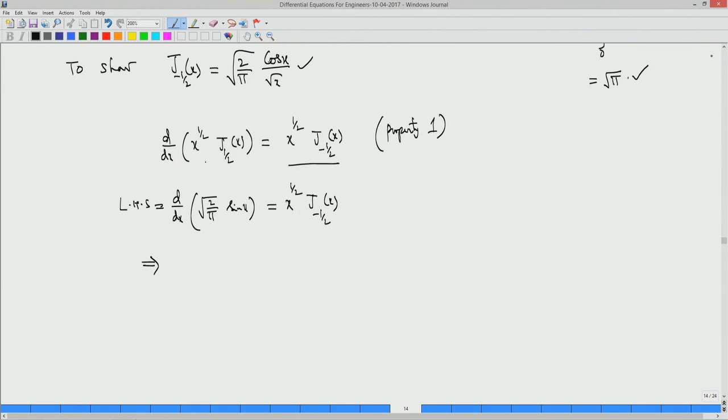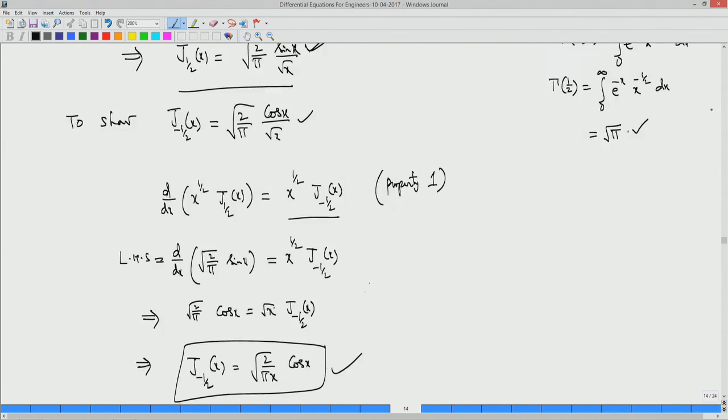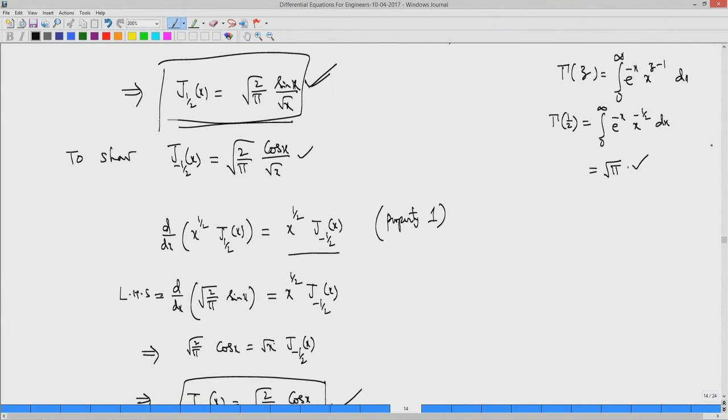So if you do that, this is nothing but root 2 by pi cos x equal to root x J minus half of x. This implies J minus half of x is root 2 by pi x cos x. This is what you will get, which you have already shown.